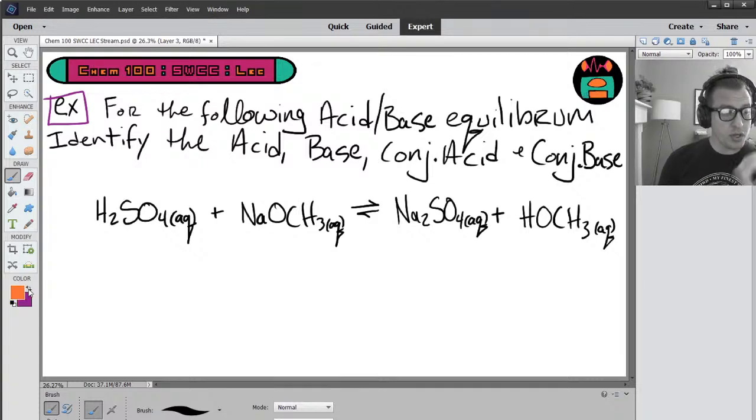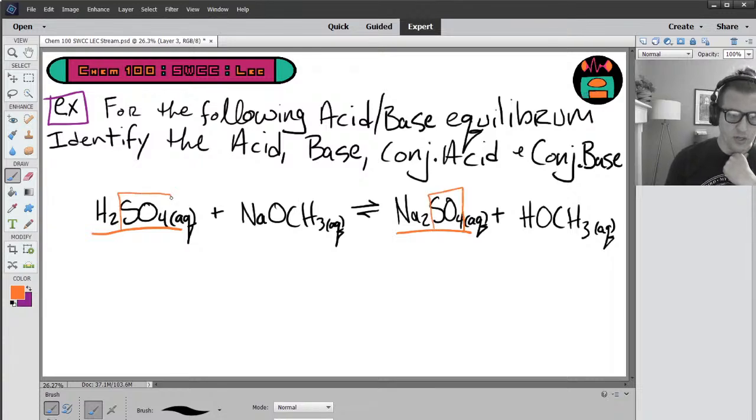So if you're wondering, is this an acid or a base? Try to find a structure similar to this on the product side. You can find specifically the SO4 chunk of this molecule is present here and here.